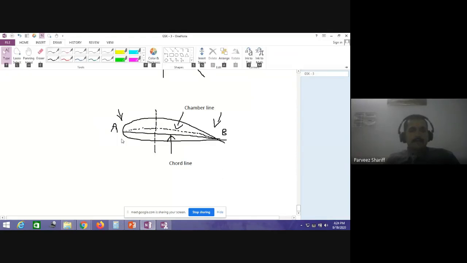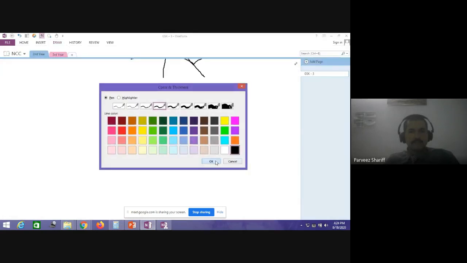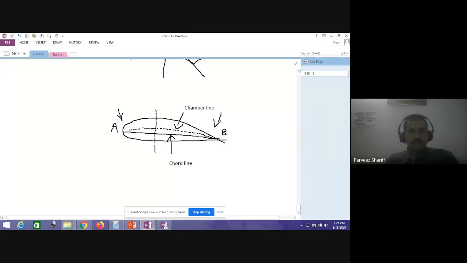Now, if I extend this chord line, and the direction of the air which is flowing like this, it forms an angle. Let's call it theta.